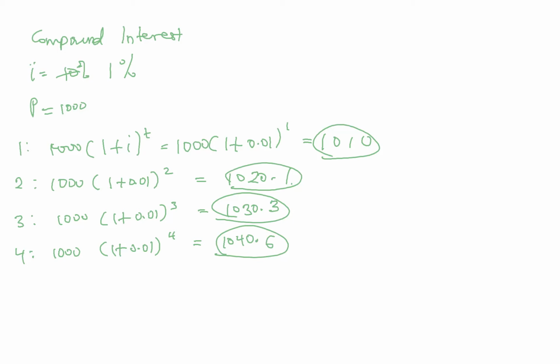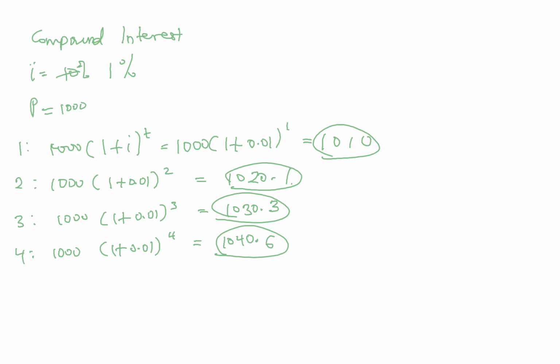So for compound interest, the 10 cedis here also earned interest. So in the second year, the 1,000 earned interest of 10, and then the 10 cedis of interest here also earned interest. 1%, 0.01 times 10, is 0.1. 1% of 10 cedis is 0.1. That's how come we have 20.1 here.